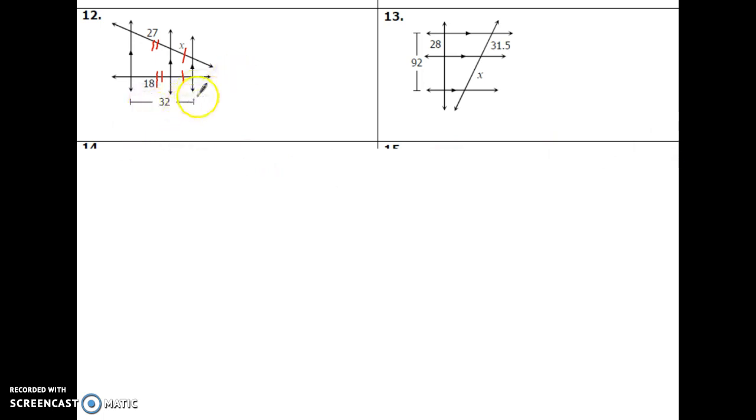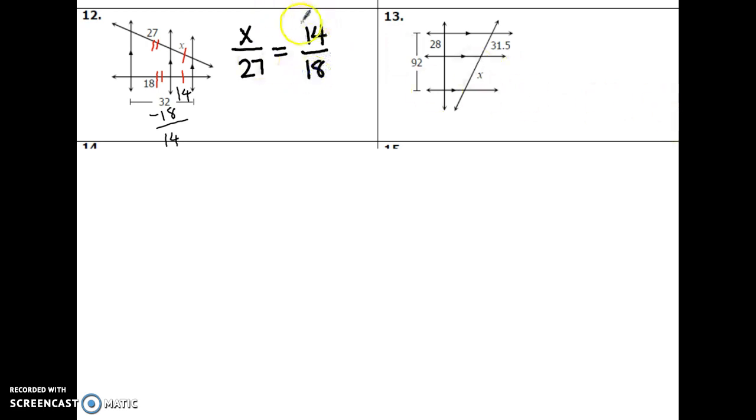In this case, let's first find our missing section here. All I'm going to do is subtract 18 from 32, and that should give me 14. So in case you haven't noticed, as one stacked on top of the other, x over 27 will be equal to 14 over 18.